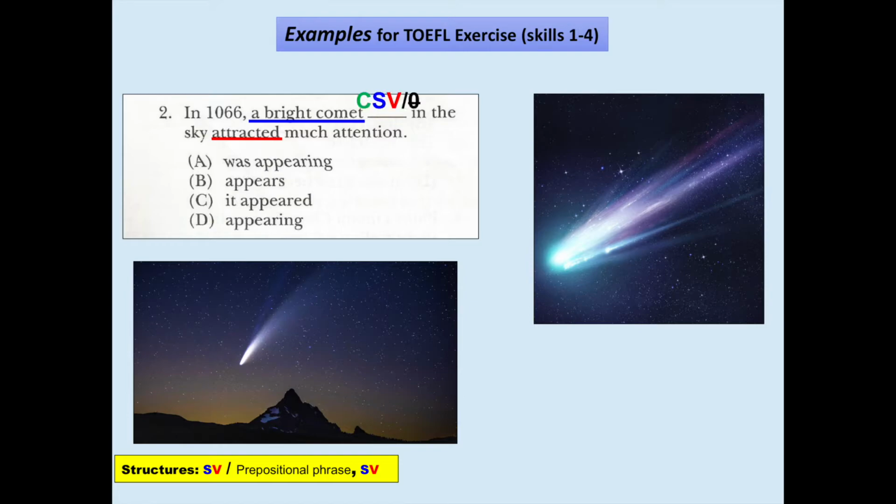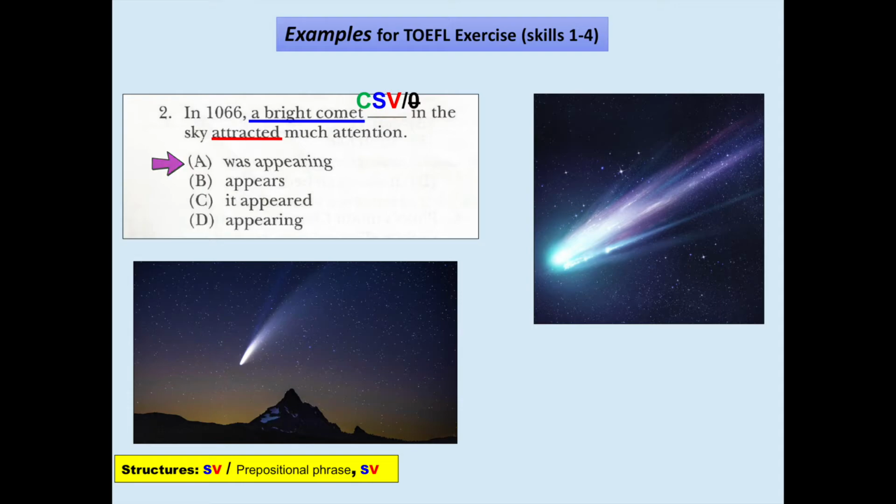So that means our answer needs to have a connector, a subject, and a verb, all 3 of those things, or our answer will have something else. So now let's look at the answers to eliminate the obviously wrong answers.